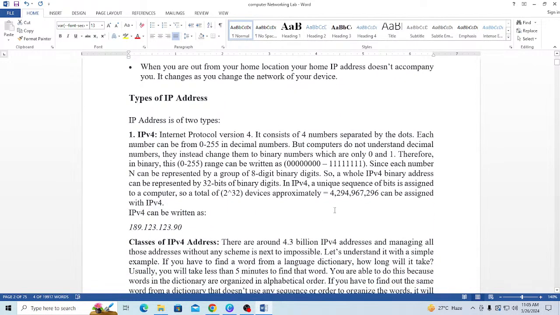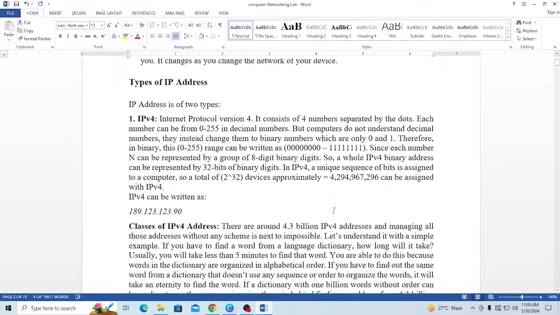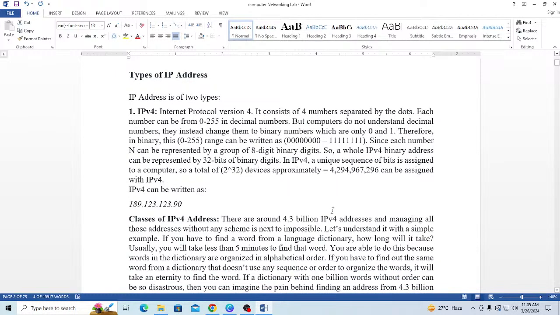And there are some types of IP address. The first one is IPv4. IPv4 means version 4. There were earlier versions also, 1, 2, 3, and now we are discussing IPv4, version 4. Version 4 means 4 numbers separated by dots.